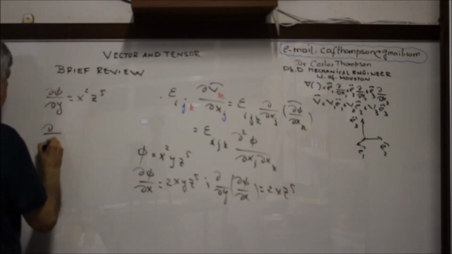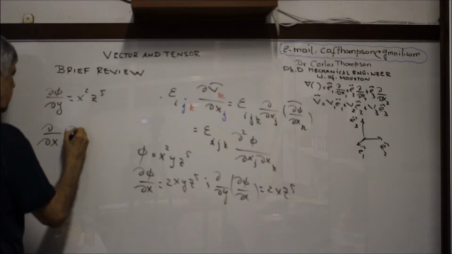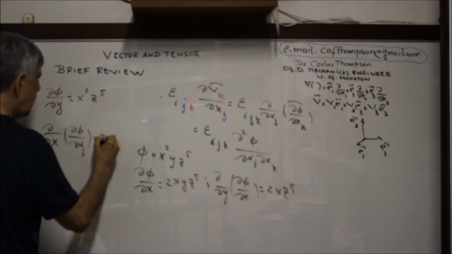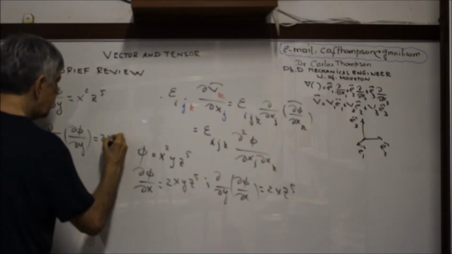Now I'll derive with respect to x. So it'll be 2xz⁵.